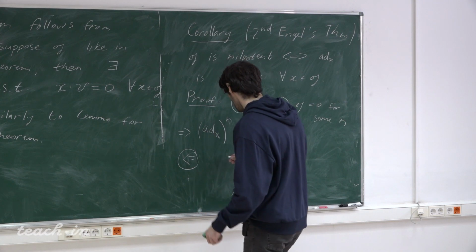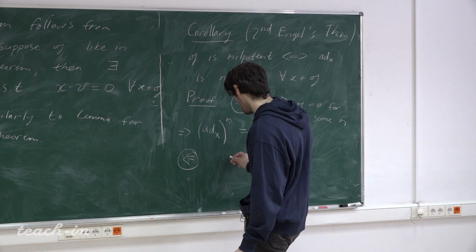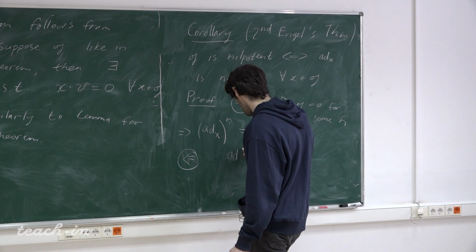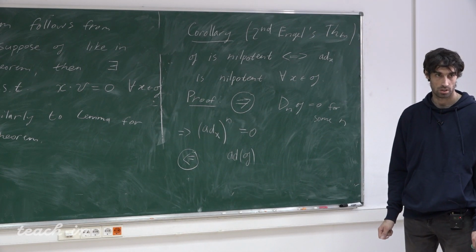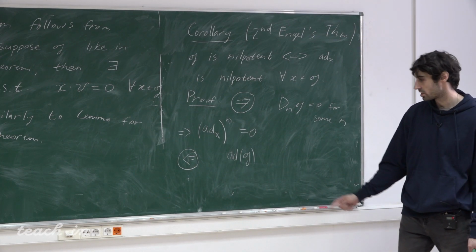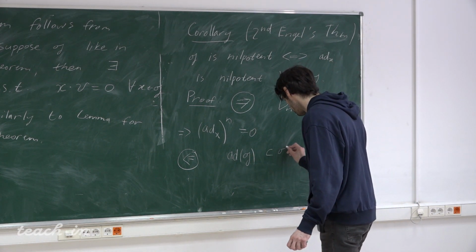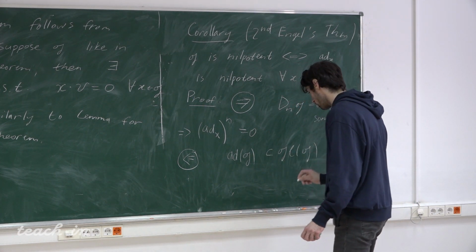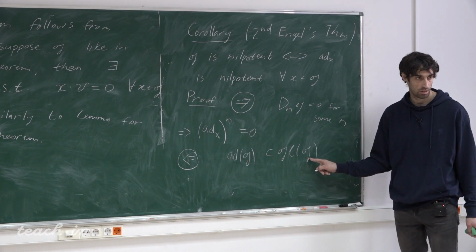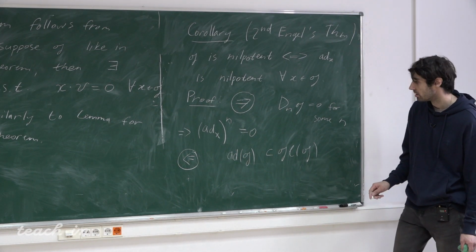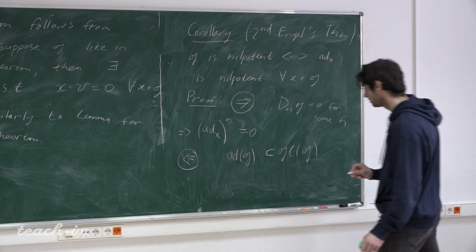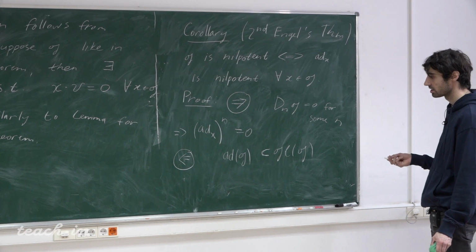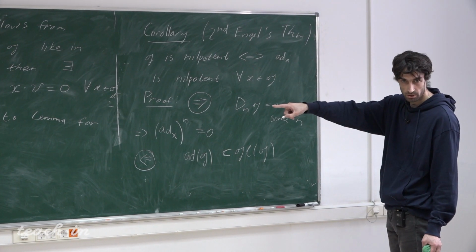we have g, and we have its image under the adjoint representation. So this lives inside GL of g, or linear transformations of g itself, right? And it satisfies the properties in Engel theorem. Why?